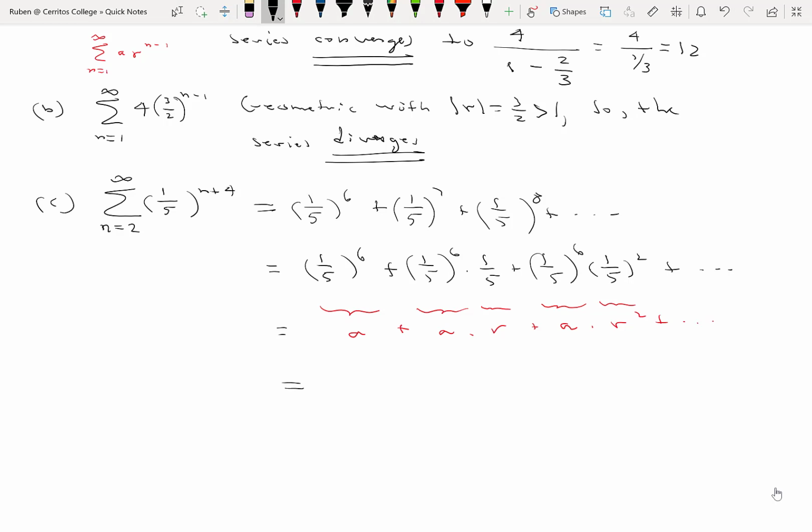But you could also write this in sigma notation as a r to the n minus 1, n ranges from 1 to infinity.